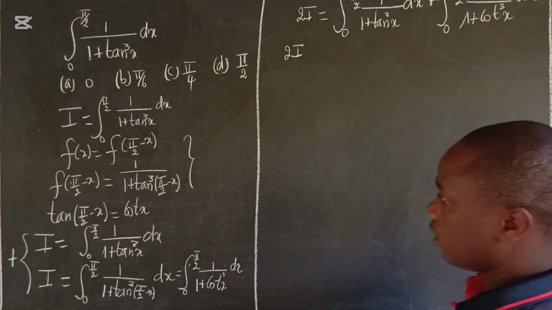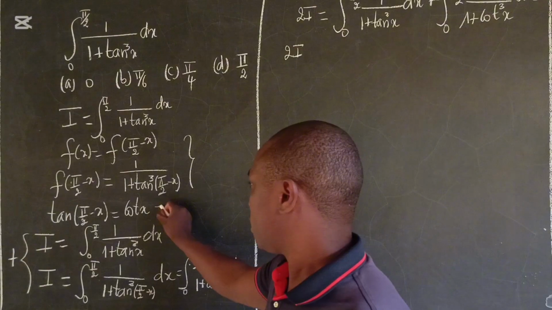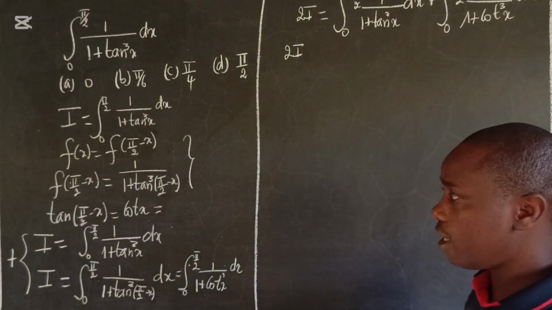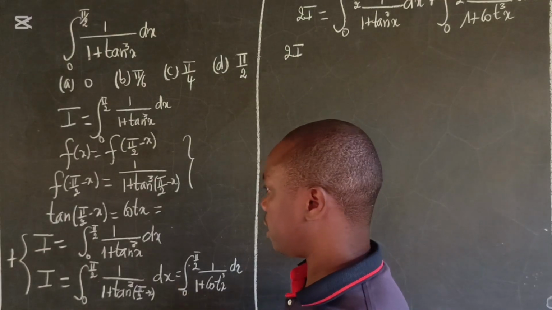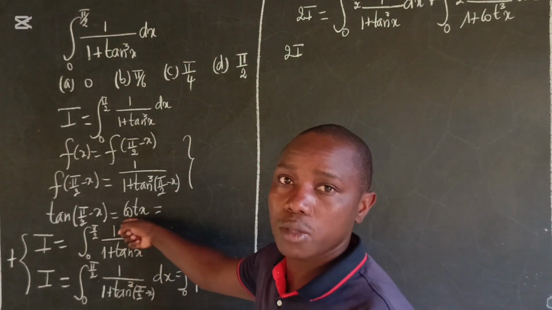We know that the tangent function is a reciprocal of cotangent. The cotangent is also a reciprocal of tangent.